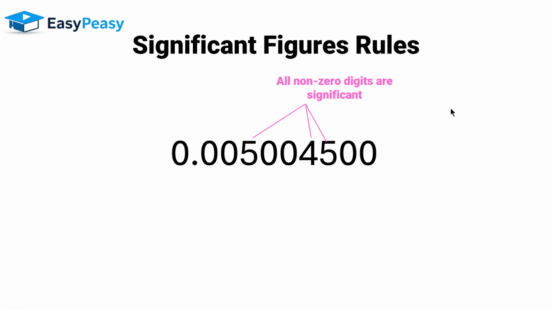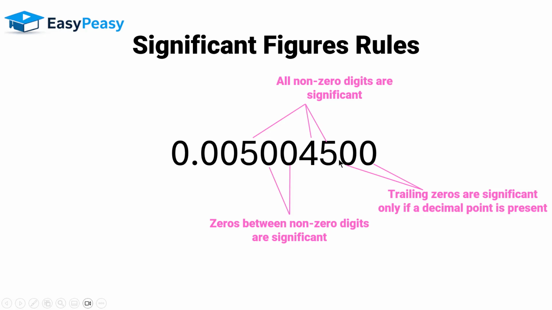The second rule says that the zeros present in between the non-zero digits, like these two zeros between 5 and 4, are also significant. The third rule says that the trailing zeros at the very end are significant only if you have a decimal point here. If this decimal point is not here, then we will not consider these two zeros as significant figures.